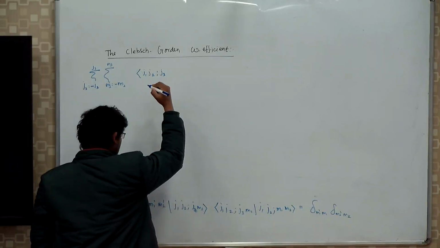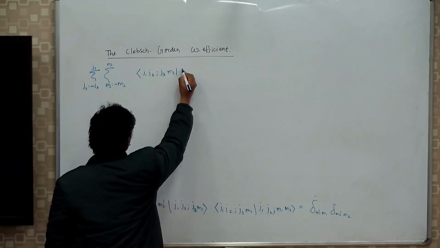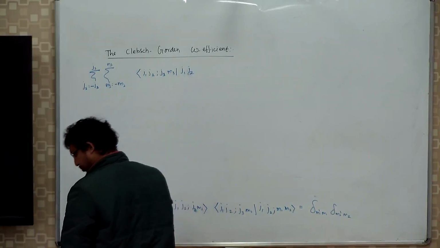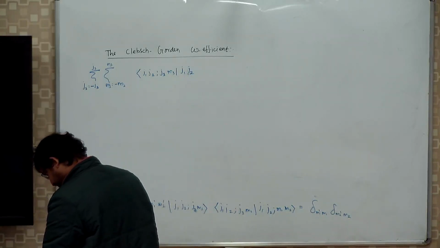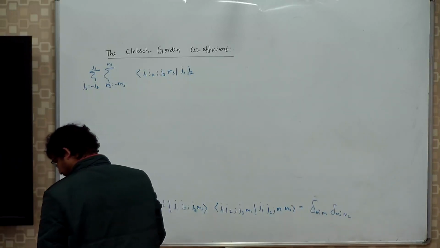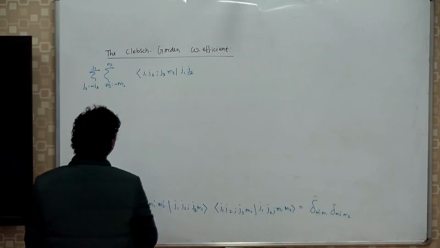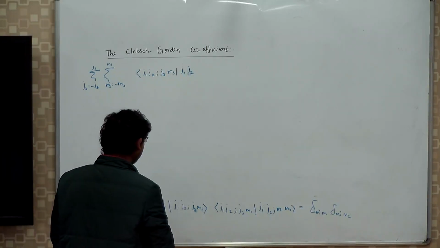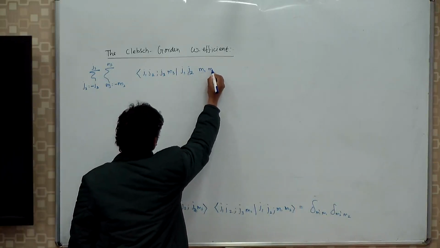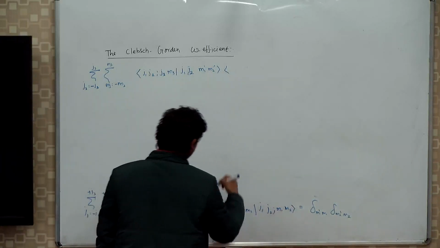So J3 and M3, and if it is coming here J1, J2, then M1, M2', then you can keep this one as such.